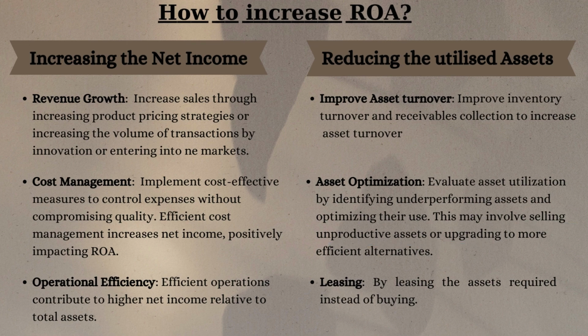Another way to do so is leasing the assets instead of buying them. That means the company can take assets on lease or rent rather than buying them and keeping them on the balance sheet. And last but not least, the company should always focus on efficient utilization of its assets. The optimum utilization of assets would eventually lead to reduced cost and increased productivity.